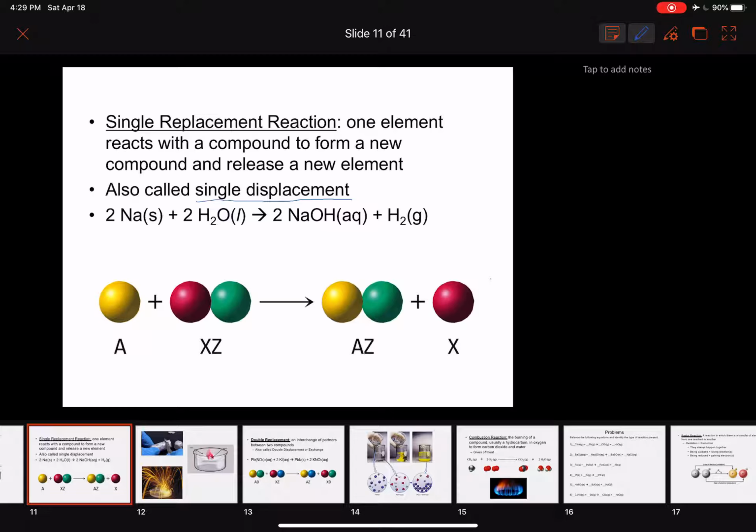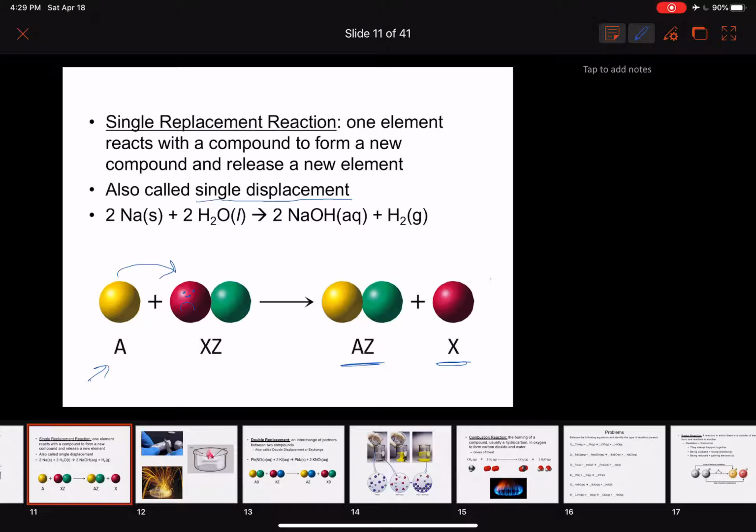So if you look down at the general single replacement reaction down here, you can see that A comes along and it says to X right there, hey, get out of here, I like Z. And X is unhappy, but it leaves, and then A and Z form a happy couple, and then X is on its own. So we replaced one thing, so single replacement.